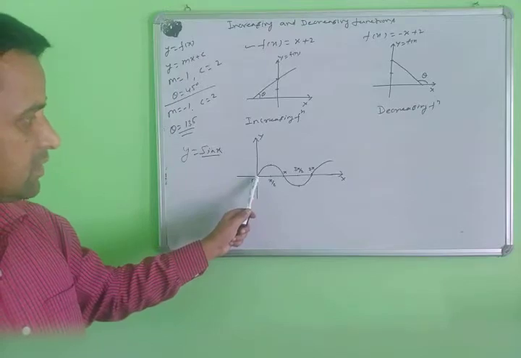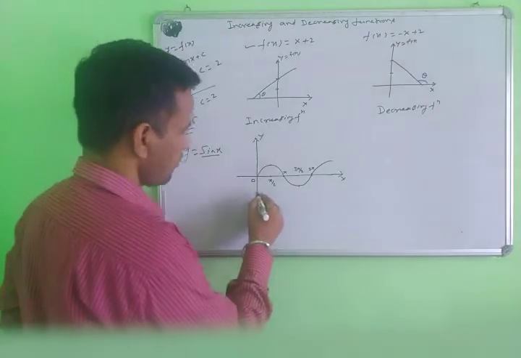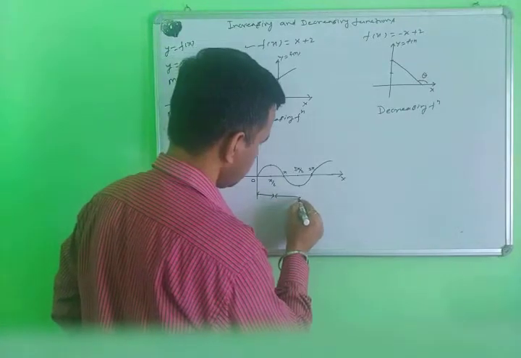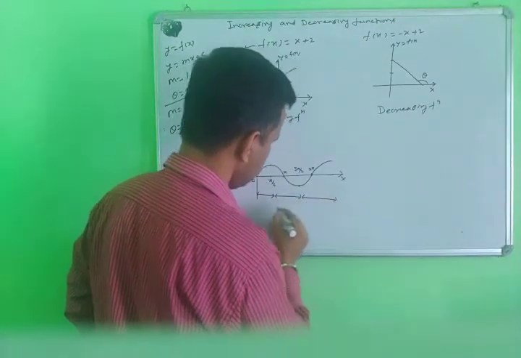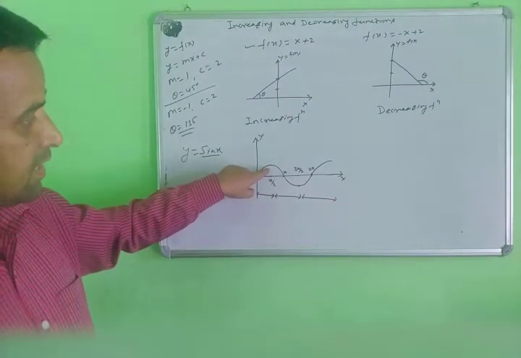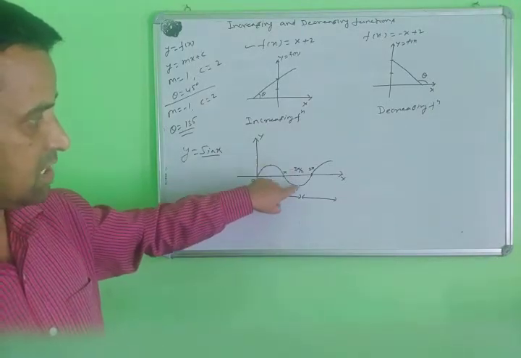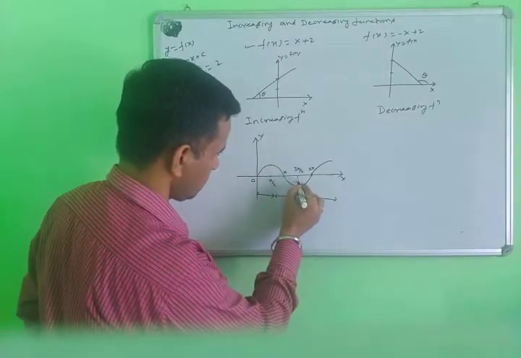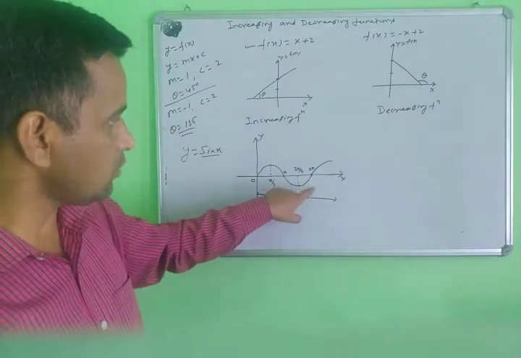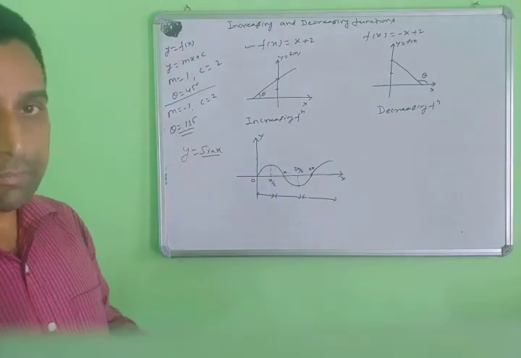In one interval it is increasing, and after that it is decreasing, then again increasing. From 0 to pi by 2 the function is increasing, but from pi by 2 to 3 pi by 2 the function is decreasing, and from 3 pi by 2 again the function is increasing. So this function is increasing or decreasing depending on the intervals.